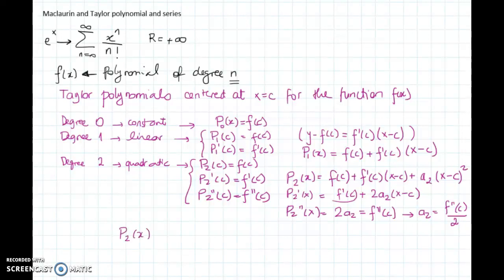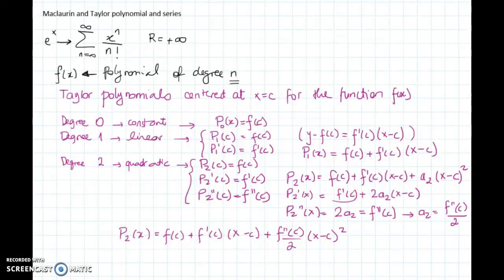P2 of x is the function evaluated at c, plus the derivative of the function evaluated at c times (x minus c), plus the second derivative of the function evaluated at c divided by 2 times (x minus c) squared.